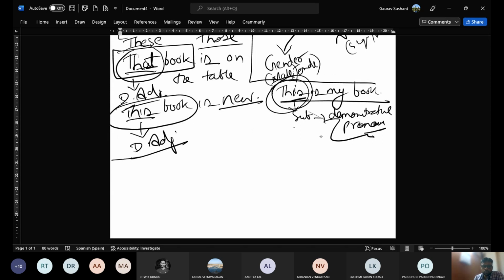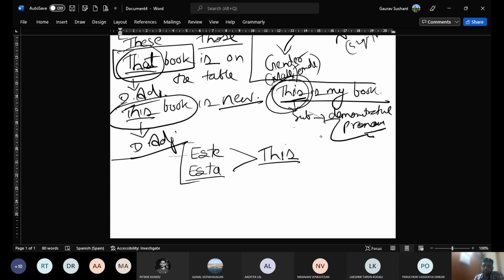So in Spanish, how do we use these demonstrative adjectives? Let us see that. In Spanish, the word for this is este and esta. So there are two words for it in Spanish. For the demonstrative adjective this in English, we have two words in Spanish.